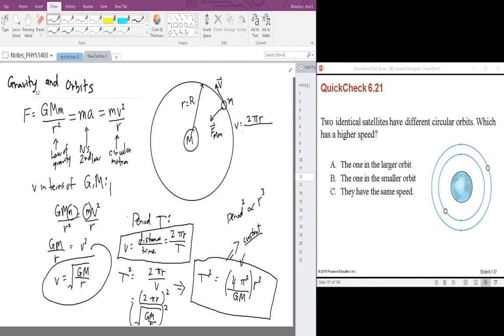So if you look at the expression for the period, the period is going to depend on the cube of the radius.